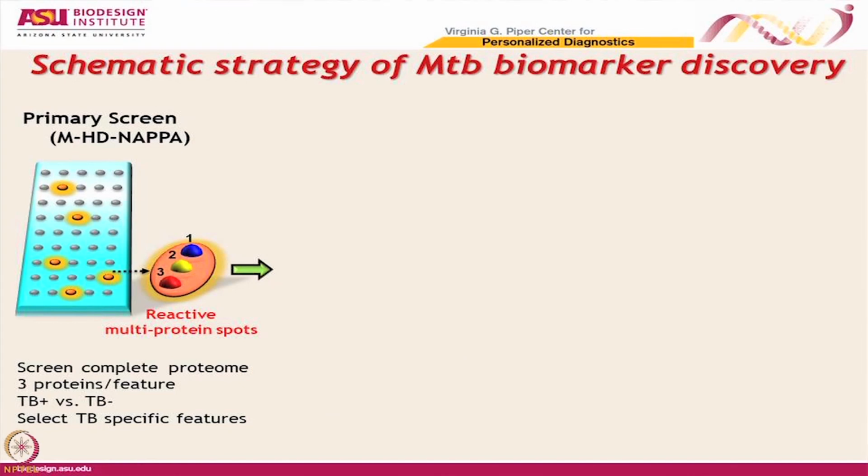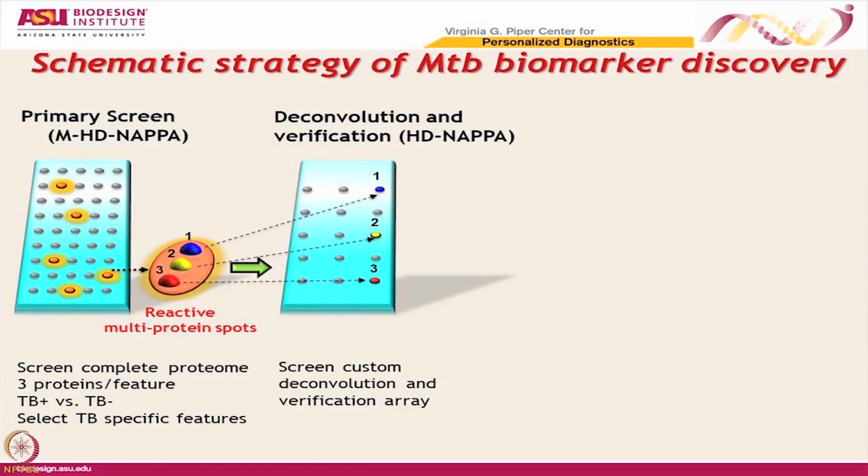Okay, so we had three proteins per spot, right? And then we screened that with TB sera and positive disease and healthier individual disease, compared that. When we got a hit, we took that hit and we divided it into 3 individual spots in that secondary verification and deconvolution array.